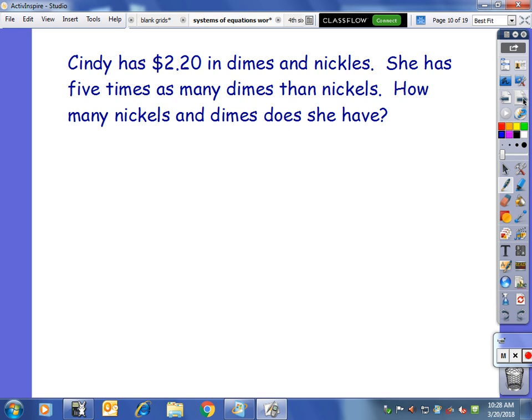Okay, the first sentence is enough to write your money equation. She's got $2.20. That's the money she's got. Some of them are dimes and some are nickels. So what would that one be?